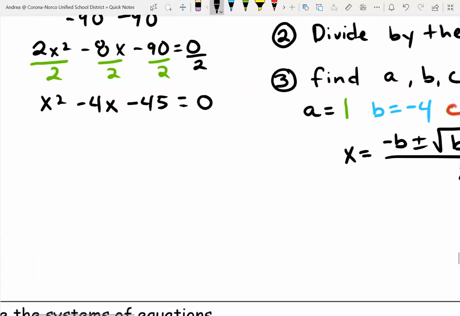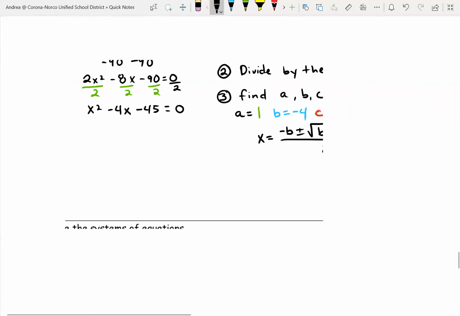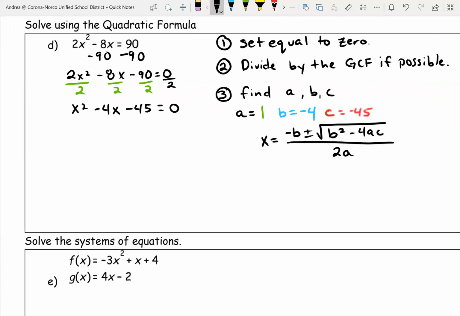So we're going to plug it in. That's what we're going to do right here. I'm going to have x equals negative b.